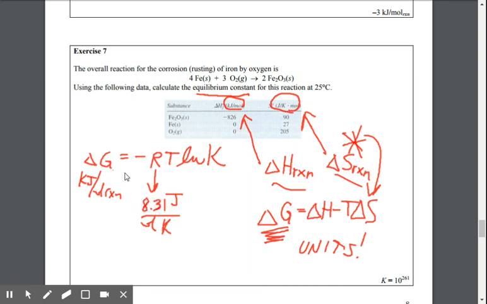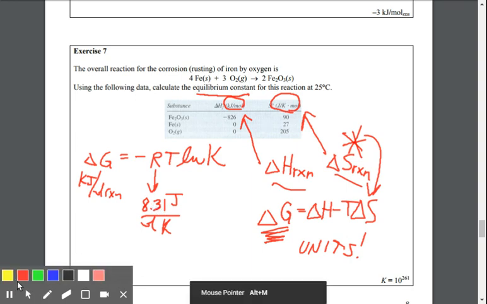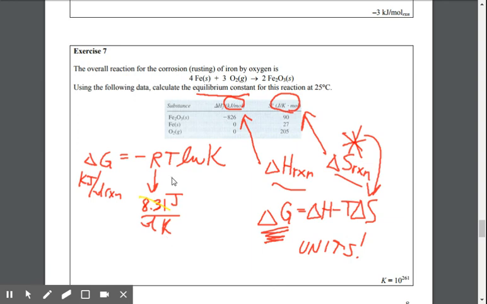It doesn't matter which one you convert, whatever you feel more comfortable with. Me personally, I like to convert my R value. So that would be 0.00831 kilojoules per mole Kelvin. And remember, that's a negative quantity right there.